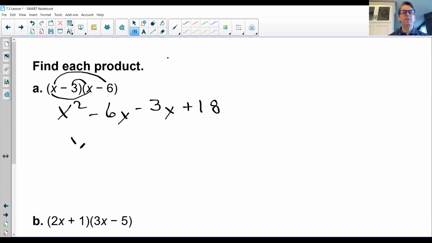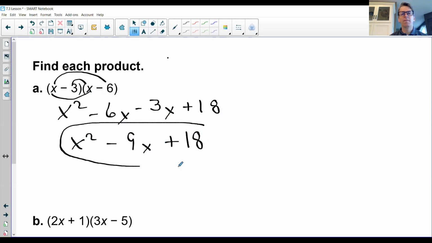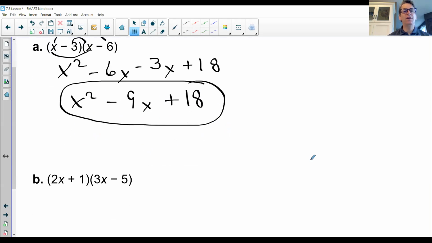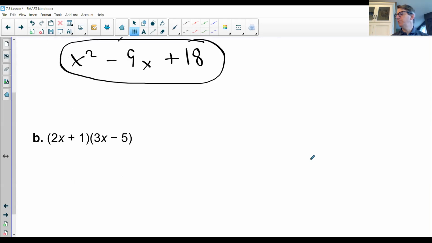So in this case, you have x squared minus, combine your like terms, 9x, and then add 18. First, outer, inner, last. Not aluminum foil, but FOIL, multiplying two binomials.